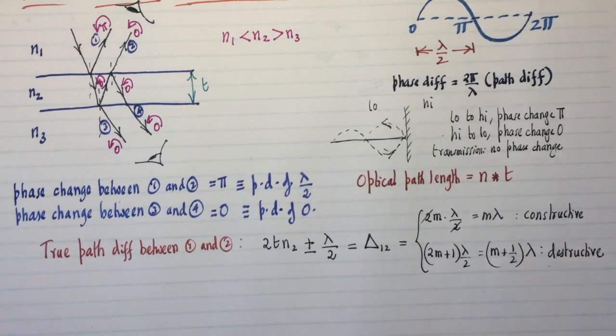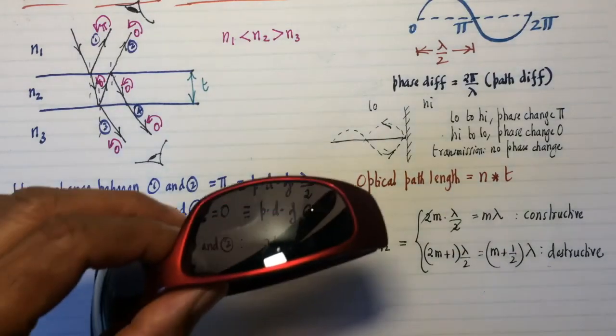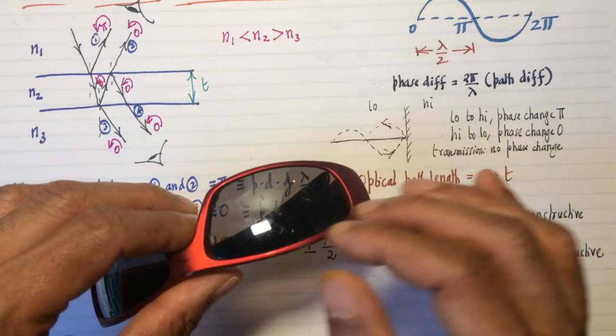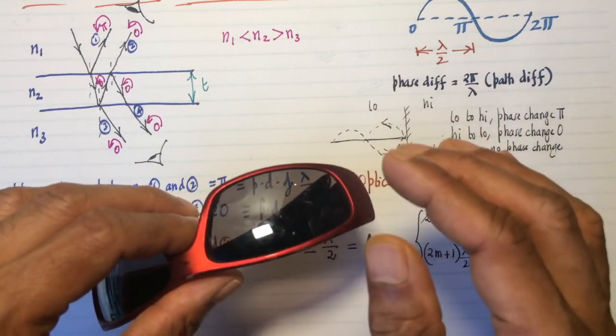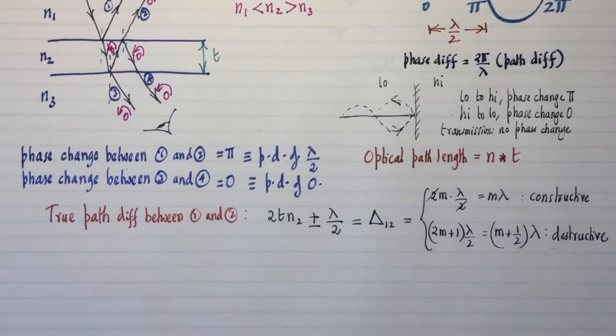Let's try to find the thinnest coating I can put on a glass like this so that it reflects. In other words, the interference is constructive. So I want to hide my eyes behind sunglasses because I've done something shady. Okay, so I want the reflection to happen.